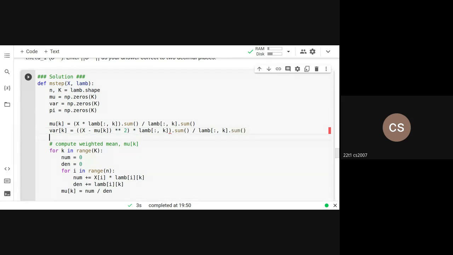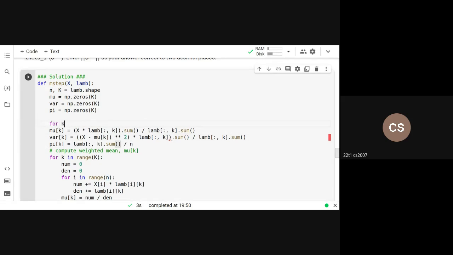That is the variance. Phi of k is the lambda k dot sum divided by, what should I divide it by? N, right? So now I need only one loop, for k in range of capital K. If I do this, I can get rid of all the other things.